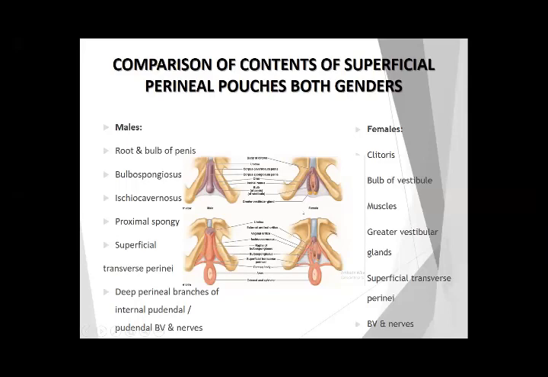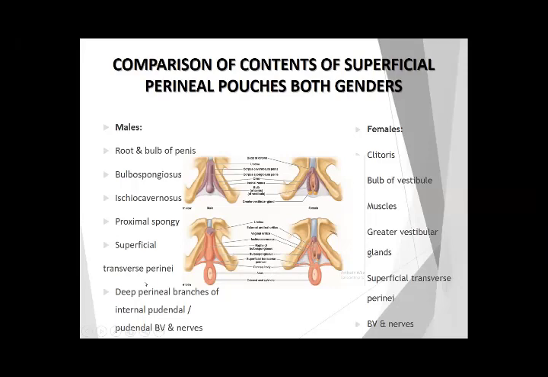Females में अब difference है, greater vestibular glands आते हैं. Males में there are no glands. Females में भी urethra है. Males में proximal part of the spongy urethra है. Superficial transverse perineae in males and in females. Okay?